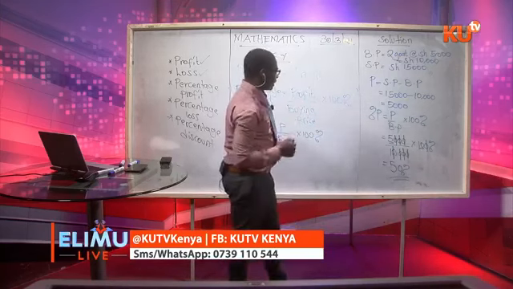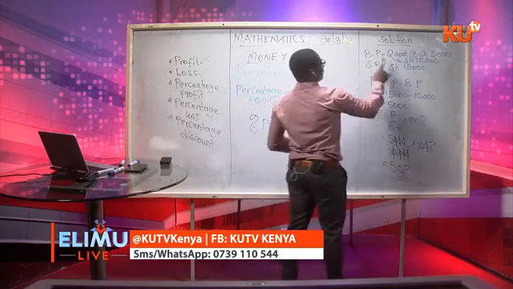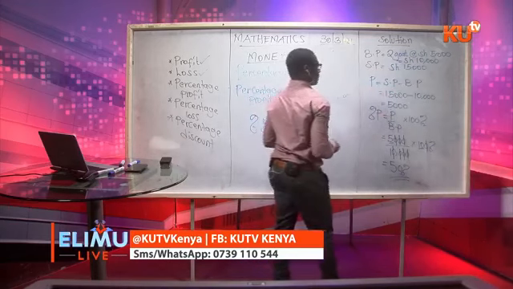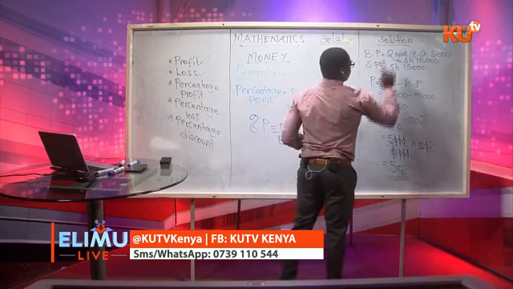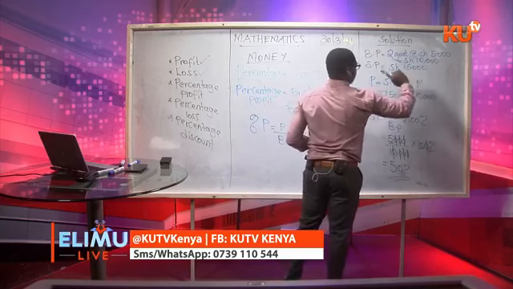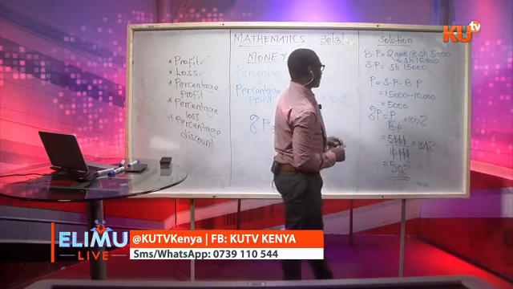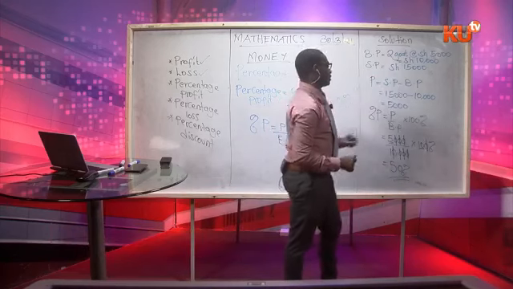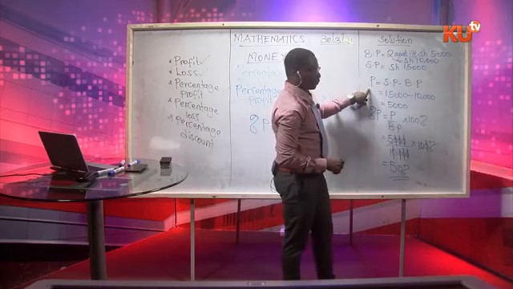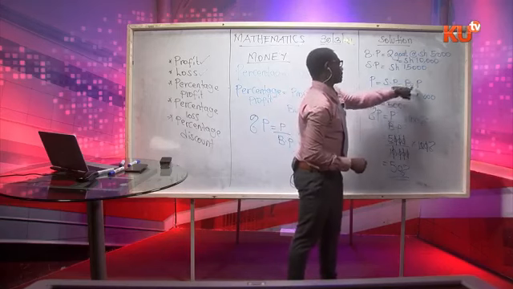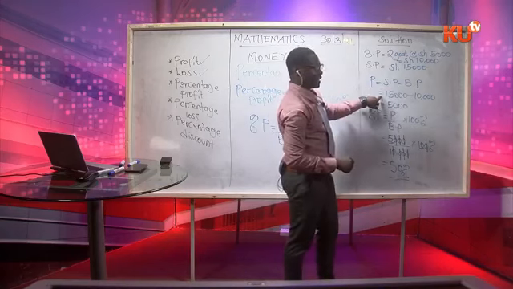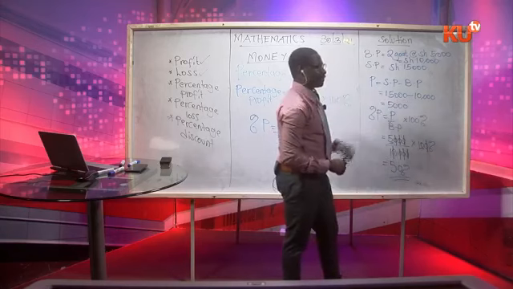So let me take you through the calculation. We have buying price, 2 goats at 5,000, so we get 10,000 for the 2 goats. That is one goat 5,000, the other goat 5,000. The selling price was 15,000. We first find profit, which is selling price minus buying price: 15,000 minus 10,000, you get 5,000.